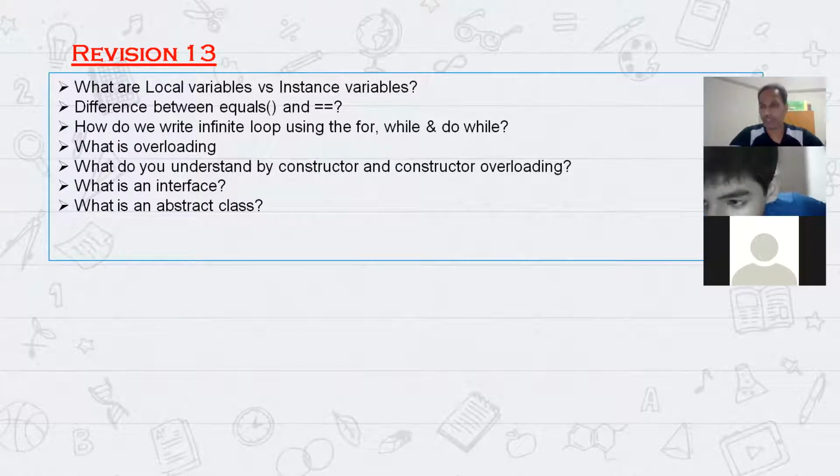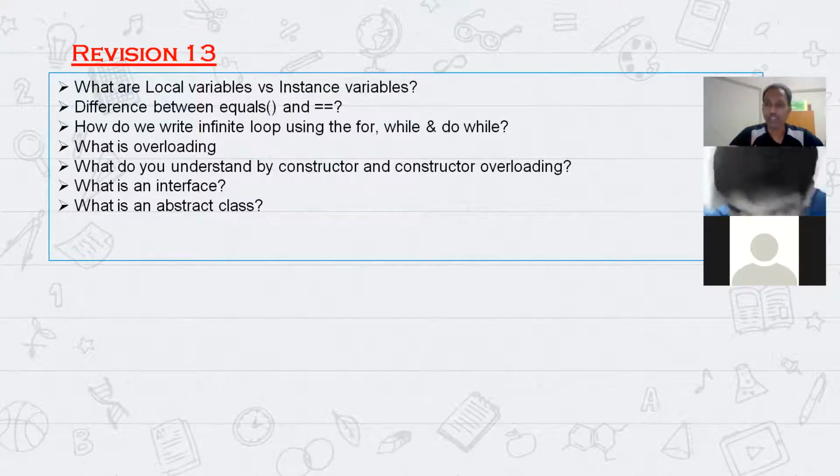Instance variables are declared at the class level. Local variables are declared at the function level, within the function. They need not be primitive types alone. They can be any type, like StringBuffer, StringBuilder, Employee, or your own custom class.